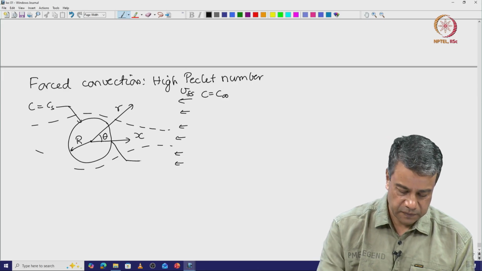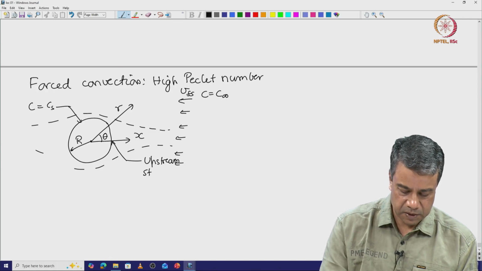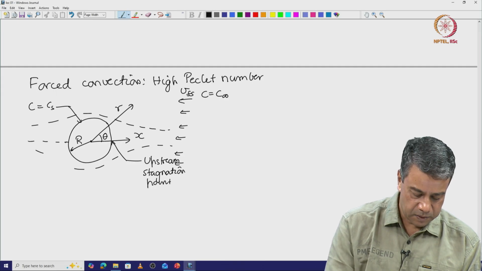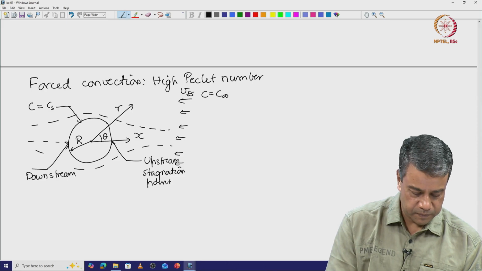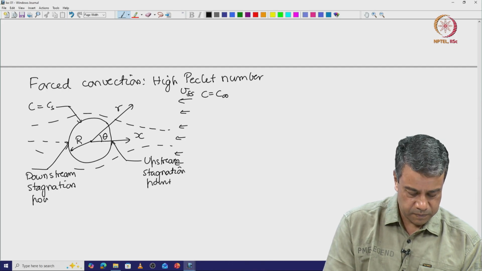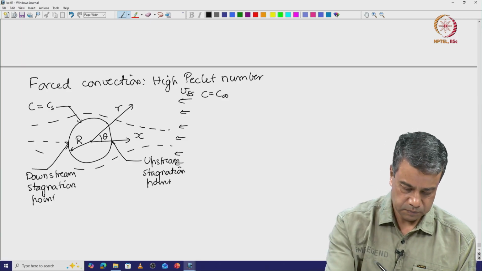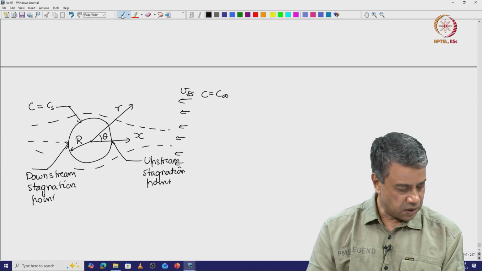I have an upstream stagnation point and a downstream stagnation point, where these are the points of symmetry of approach of the fluid towards the bubble, and the velocity is given to you.